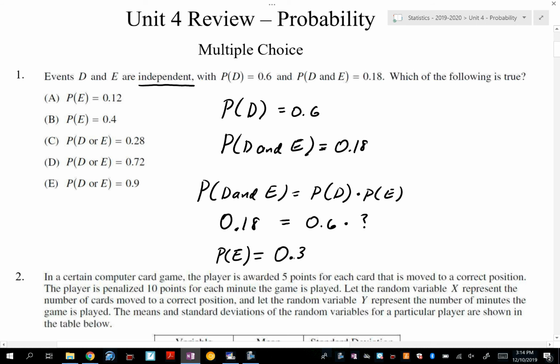Okay, so it says which of the following is true, and right away I see the probability of E for A and B, but do those equal 0.3? No, so A and B are wrong, because it doesn't say that it's equal to 0.3. Be careful, we have more work to do.